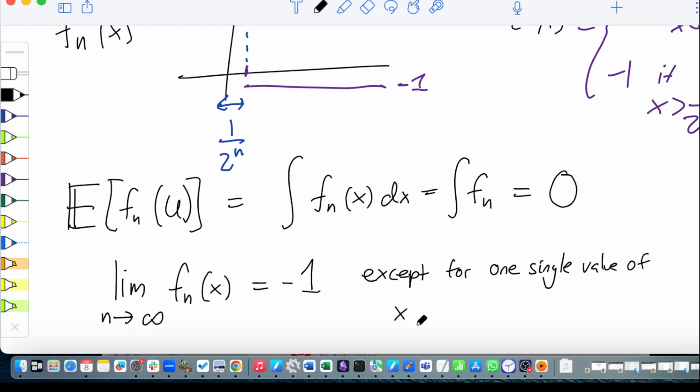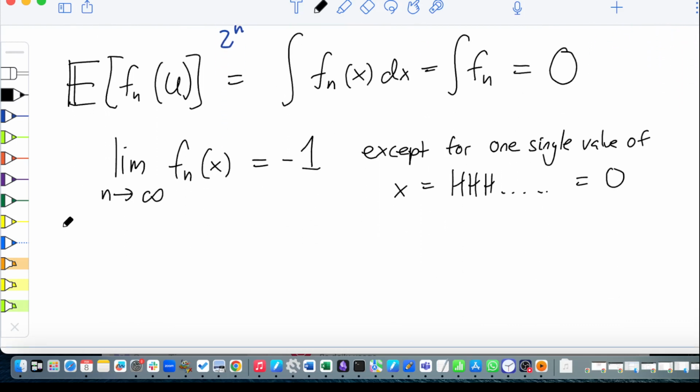And this is saying, as you bet on more and more heads to come up, eventually you will lose. You will not be heads forever. It will be minus 1 unless there's one exception, which is what if it is heads forever? You could get heads forever. So there is exactly one point, which is heads, heads, heads forever. That's the point x equals 0. So this limit is equal to minus 1, except at 0.